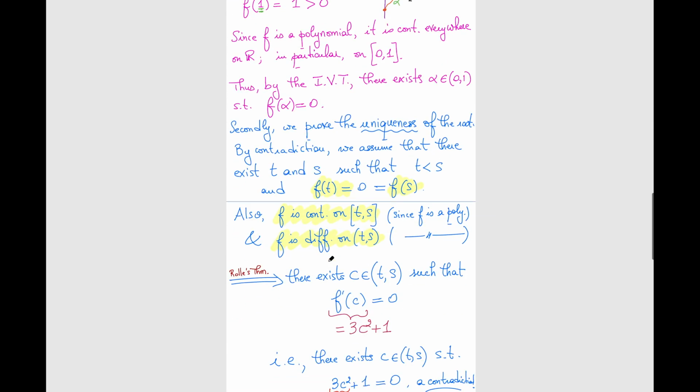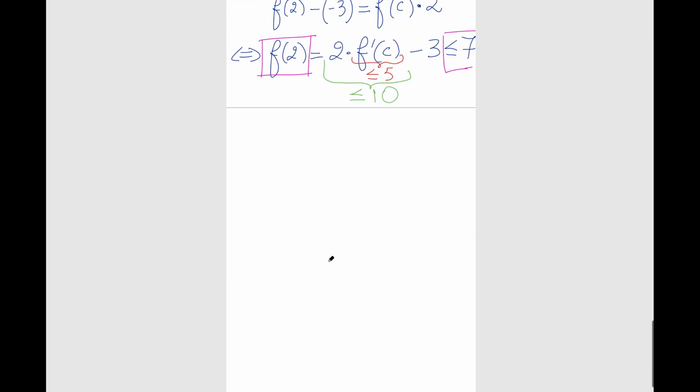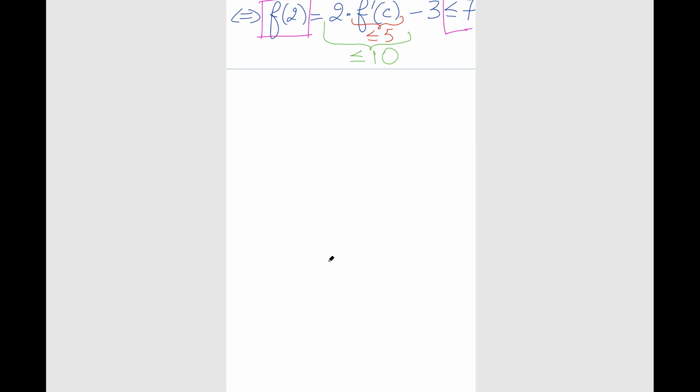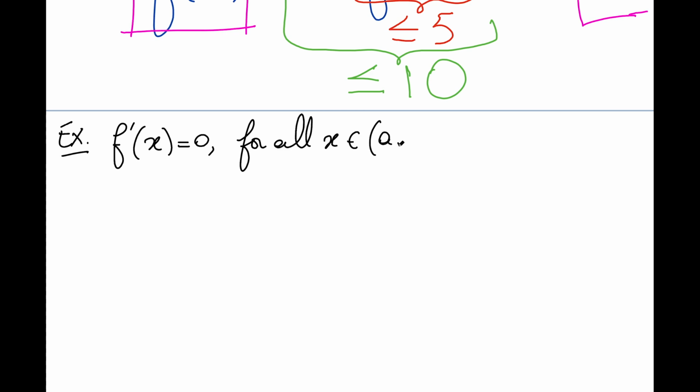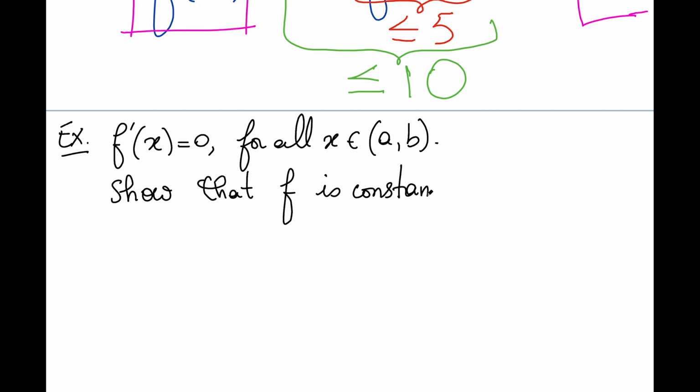Okay, so let's write that down. Let's zoom in. Okay. So we have, if f prime of x is equal to 0 for all x in AB, we need to show that f is constant on AB.